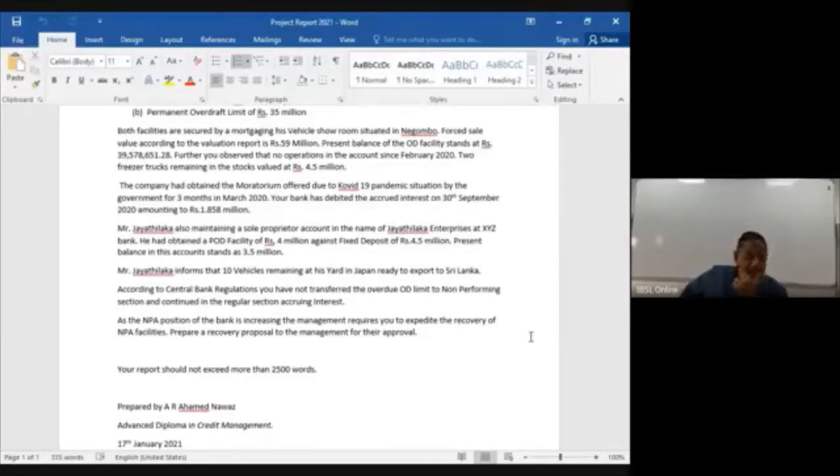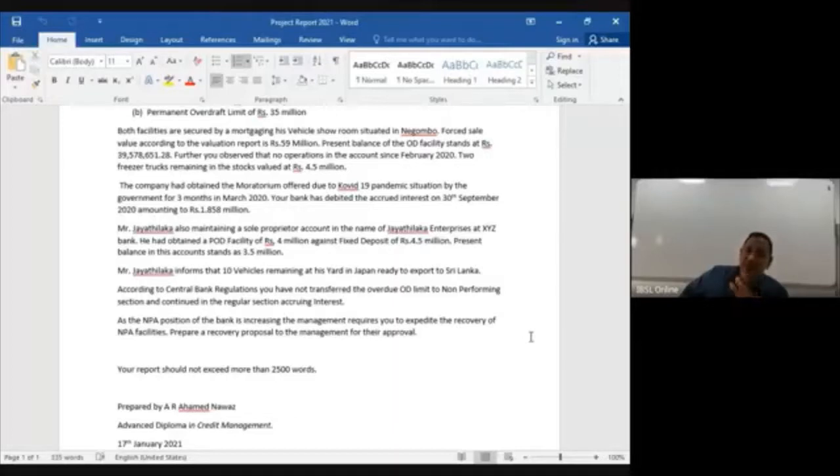This is not the customer's request; it's the management's request to bring a proposal to recover this facility.